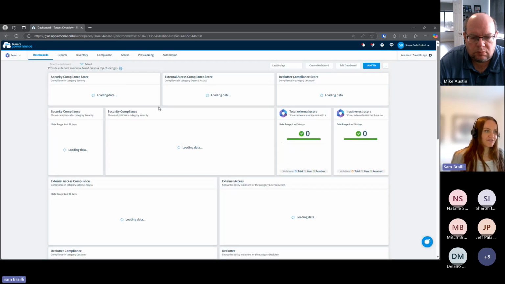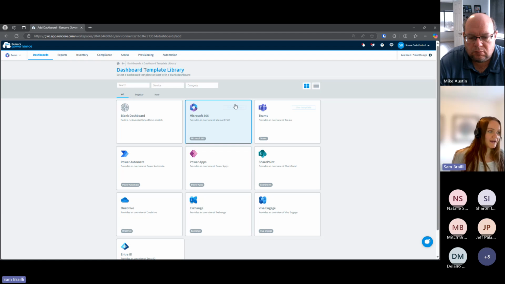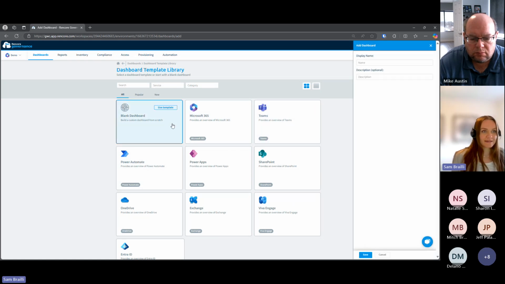In addition to that, if you wanted to, you can create your own dashboard from scratch. So we could come up here, you can either use a template from any below, or we can create a blank dashboard. Let's say that you're interested in SharePoint and OneDrive.